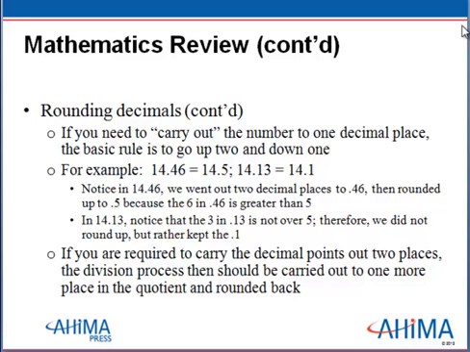So if we are required to carry the decimal place out to 2 places, the division process should then be carried out to 1 more place and then rounded back. And if you go through your textbook and do the exercises, which again the answers are provided in the lesson block, all of the rounding will make a lot more sense.